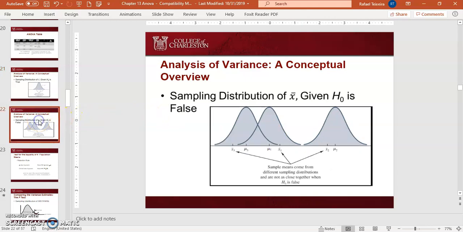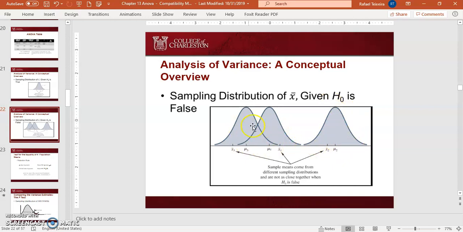However, if the null hypothesis is not true, so if the groups vary in their means, this is what the distribution of means would look like if the groups differ, which means the alternative hypothesis is true. For example, one group has a very high mean, which comes from a different distribution.